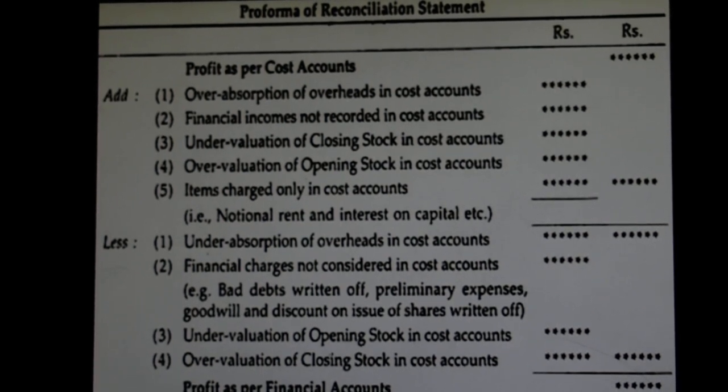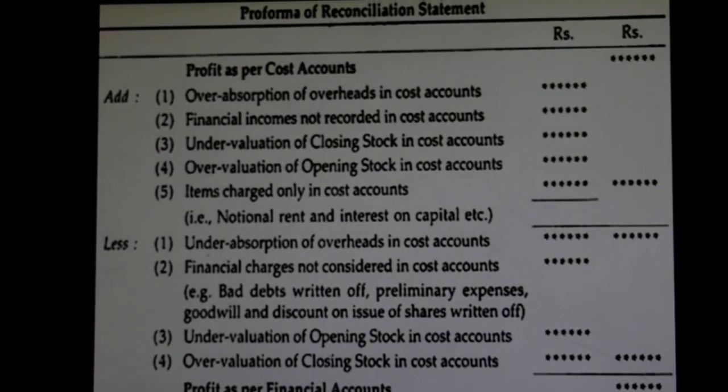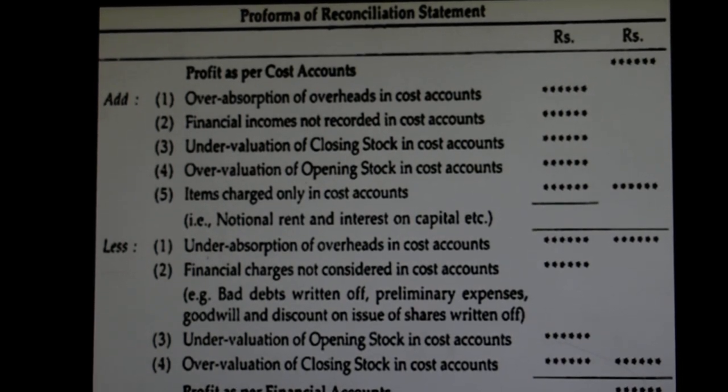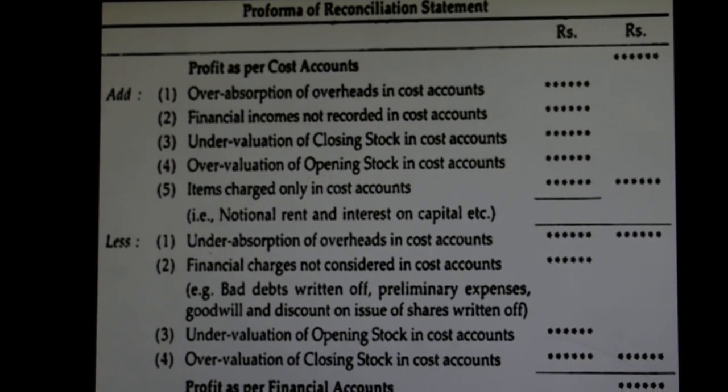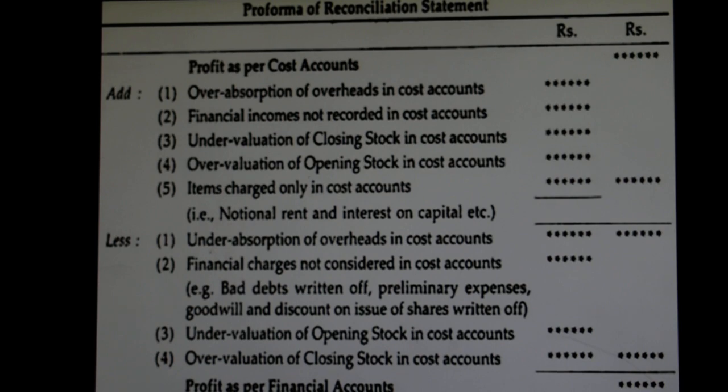Some of the items deducted from the net profit of the cost accounting books are, first, under absorption of overhead in cost accounts. You remember that over absorption of overhead is added to the profit, but if the overhead recovered is less than the actual, then you have to deduct it from the net profit.